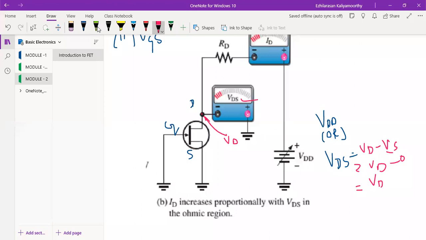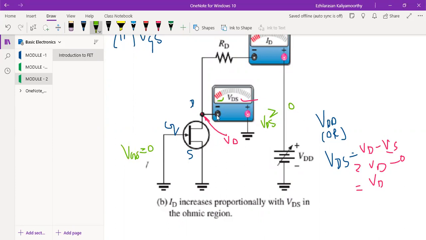See here, we are showing with the pink color, VDS is slowly increased a little bit. So I can say VDS is greater than 0. You see the condition: VGS is equal to 0, where VDS is greater than 0.